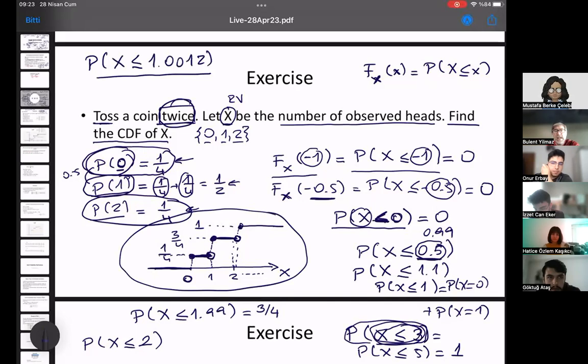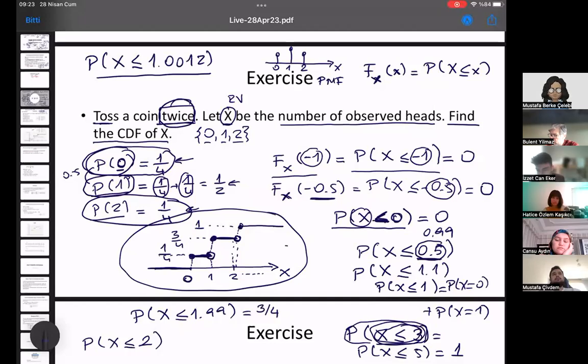It can have any number, but PMF for this is 1 over 4, 1 over 2, 1 over 4. It is only 3 options and some probability values. But this is PMF. But CDF is a continuous function.